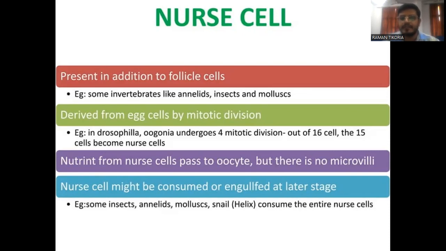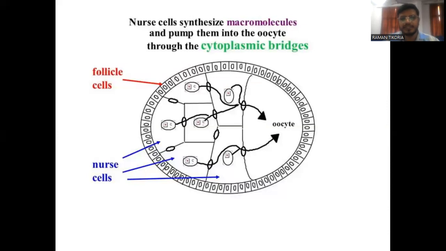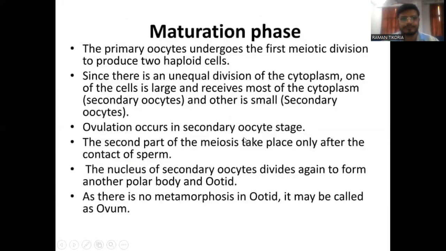The nurse cell might be consumed or engulfed at a later stage. See, these are the cytoplasmic bridges formed by the nurse cell, and this layer is known as the follicle cell layer, and the bridges formed by the nurse cell are known as cytoplasmic bridges.